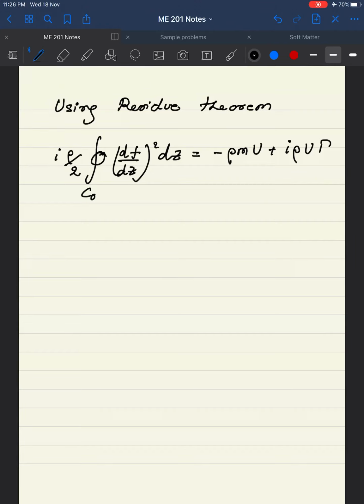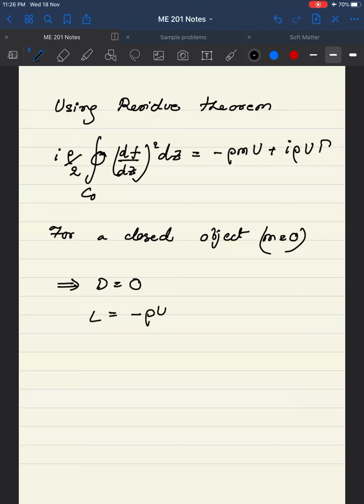and so now for a closed object, this m is 0, and that's why your drag turns out to be 0 and lift turns out to be minus rho u tau.